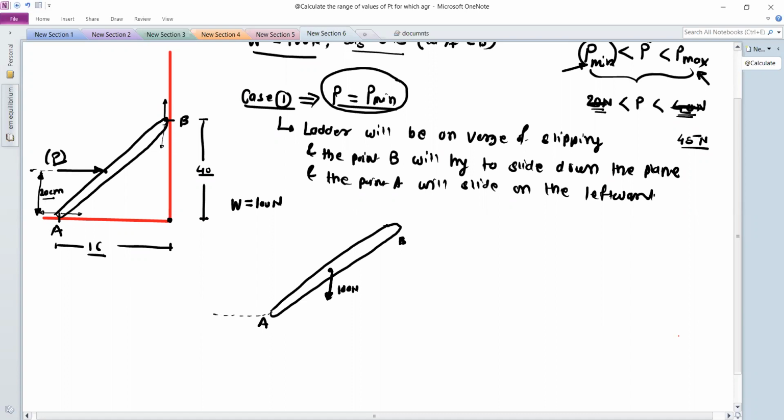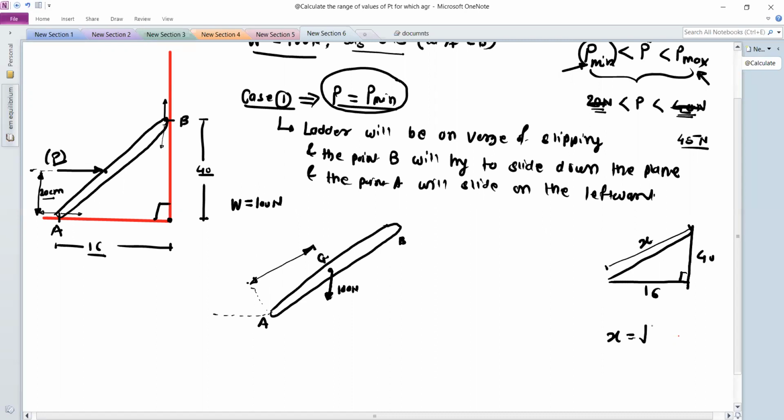This center of gravity, its distance from point A will be half the total length of the ladder. The total length is not given, so we can find this distance from the given dimensions. So this is 40, this is 16. This is the hypotenuse of this right angle triangle. Let us assume this to be x.